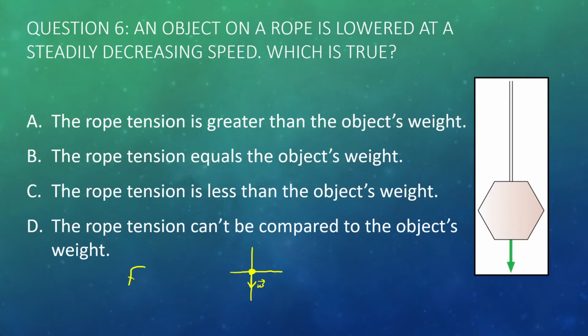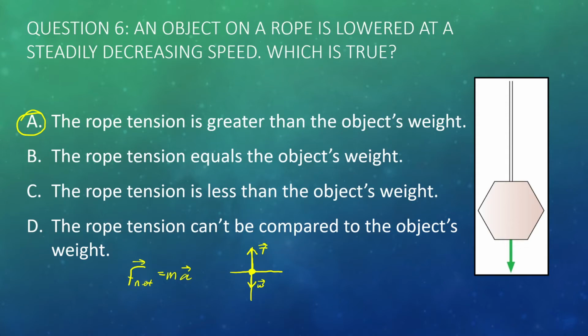So if we have an upward pointing acceleration, then we must also have an upward pointing net force. If a points up, net force points up, which means we have to have a larger force that points upward. So I'll draw that as a longer arrow for tension. So tension in this case is greater than the weight of the object, so the answer is A.